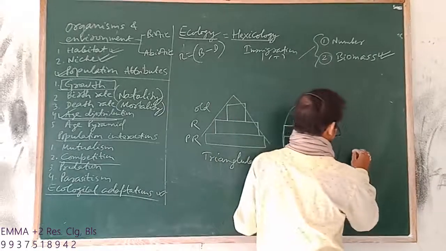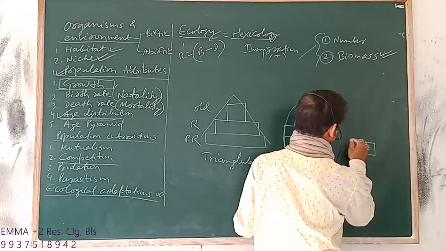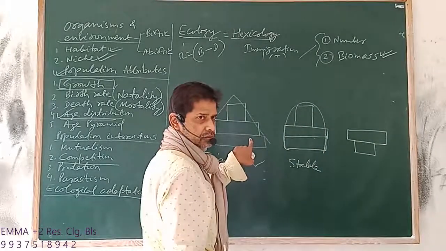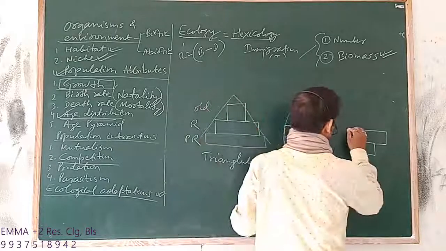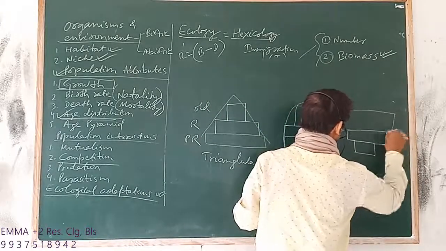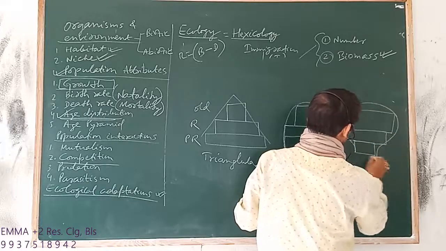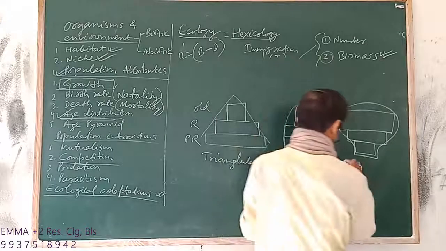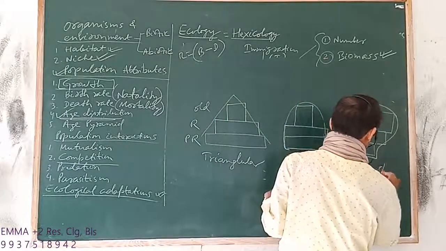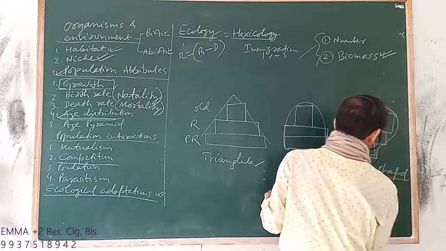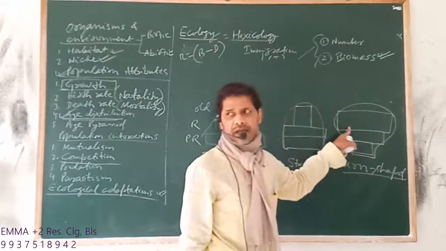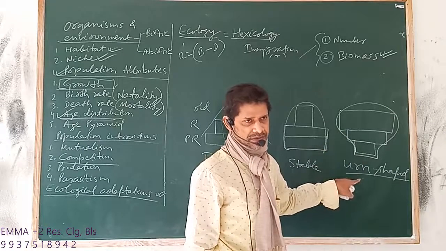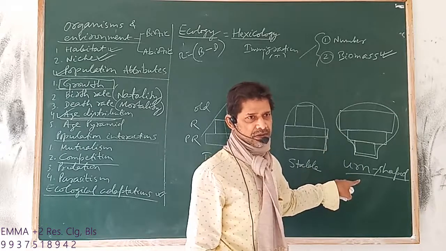And in the reverse way, when there is a very small pre-reproductive age group and gradually more individuals, the shape is urn-like.